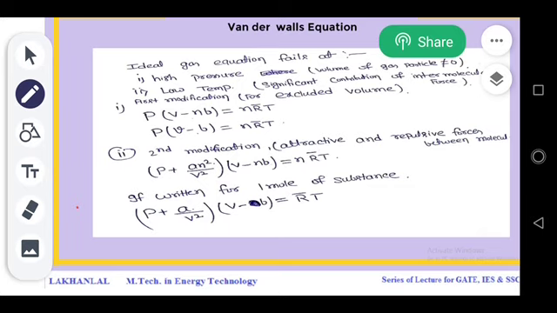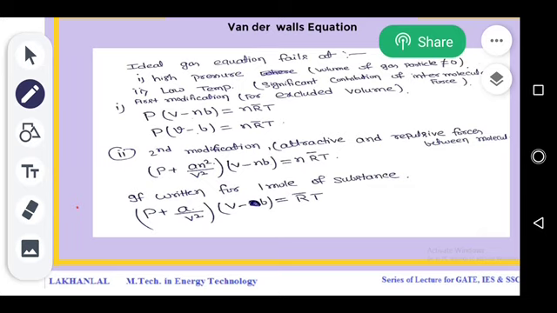So your ideal gas equation fails at that point. And at low temperature, you have low kinetic energy, and due to that, the molecules have enough time to interact. So at these two points, the ideal gas equation fails. So we have to modify it in order to use it for real gas.